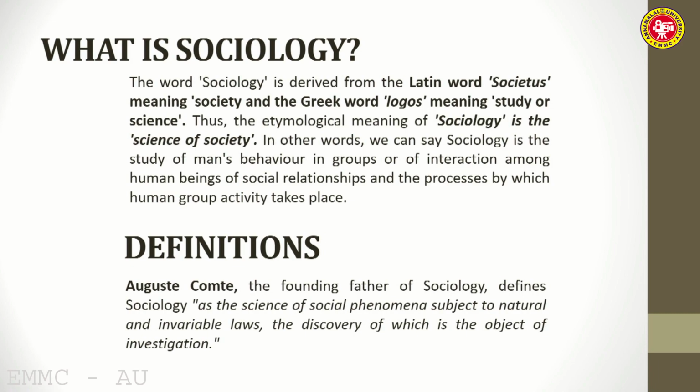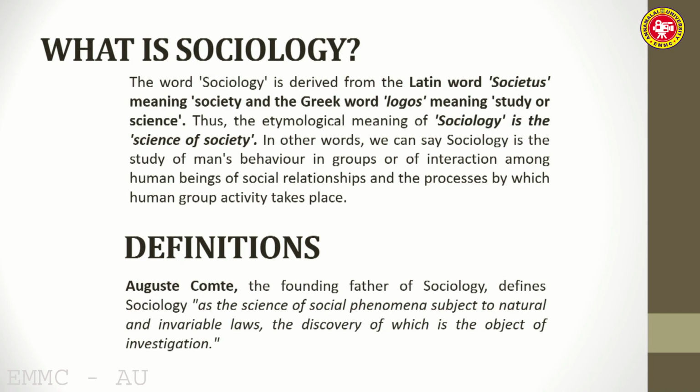In other words, sociology is the study of man's behavior in groups, of interactions among human beings, of social relationships and the processes by which human group activity takes place.